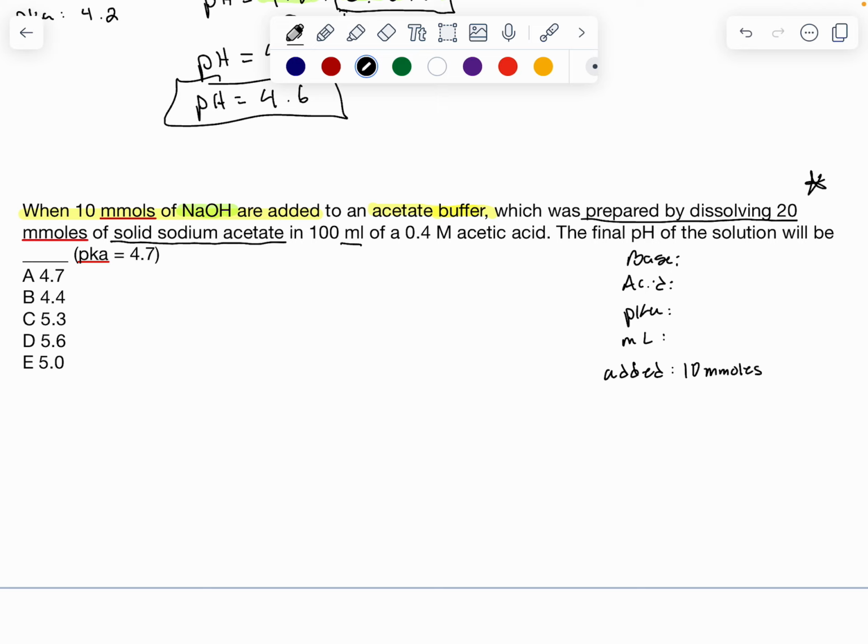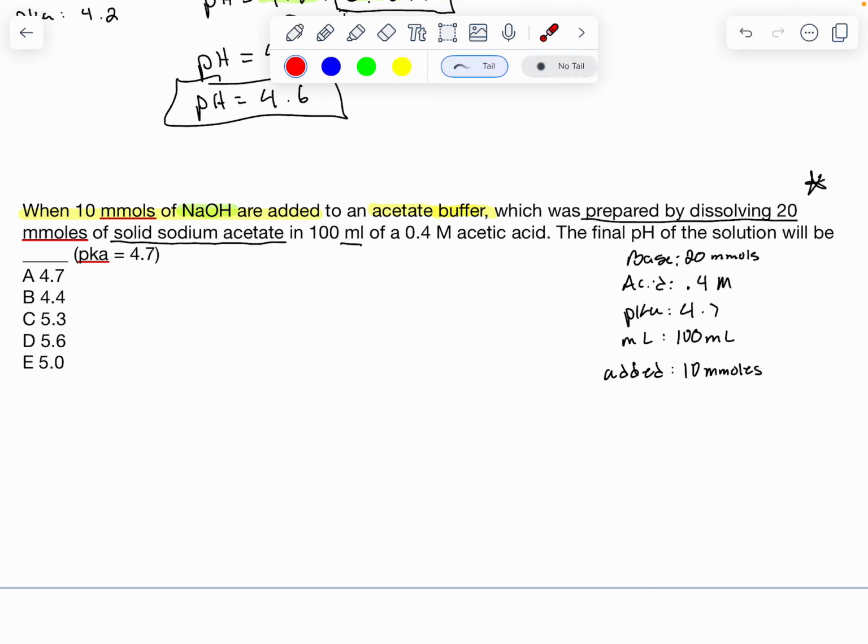All right, we'll just save that for the end, but we have it down. For our base, we have 20 millimoles of base. And then it shows us we have a 0.4 molar concentration of our acetic acid. We have a pKa of 4.7, and we have a volume of 100 milliliters.